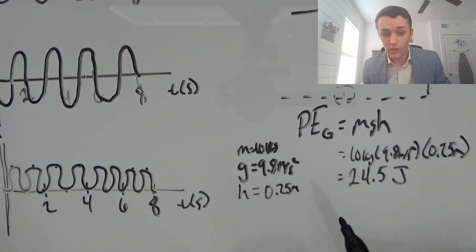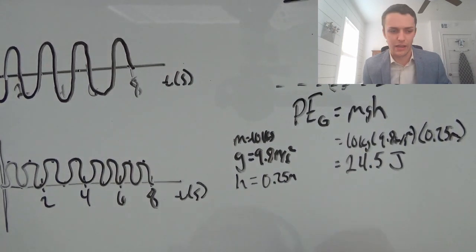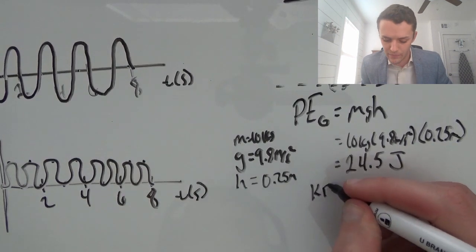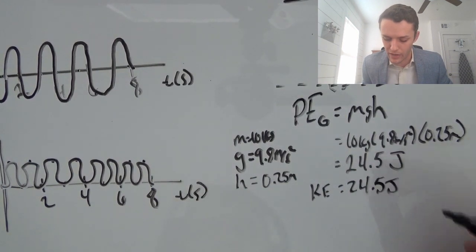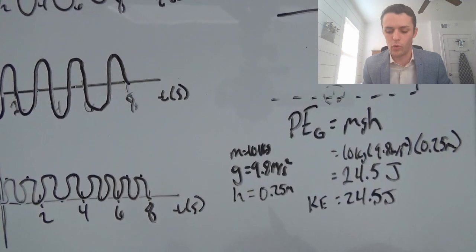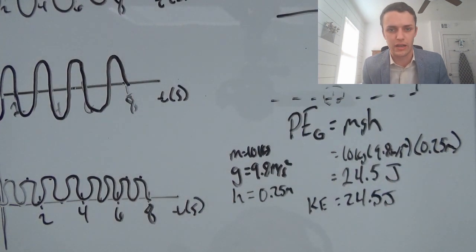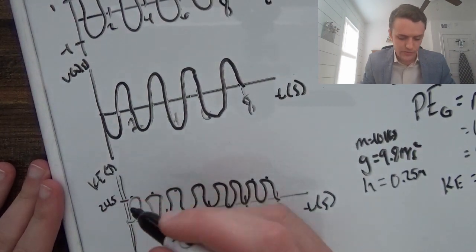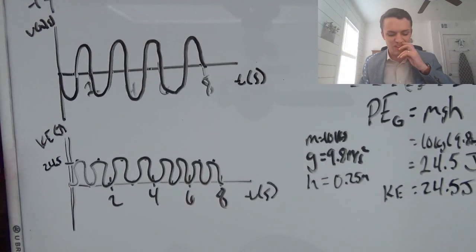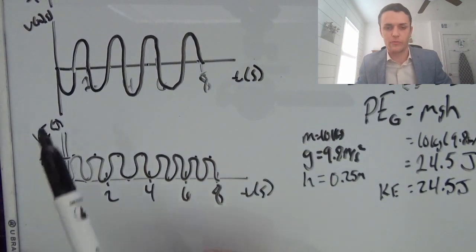So it shouldn't be a surprise that, if we're ignoring friction and air resistance, our maximum kinetic is also 24.5 right there at the bottom point, where all of our potential has been converted into kinetic. So that is our maximum kinetic, meaning it goes here on our graph, 24.5 joules. Lovely.